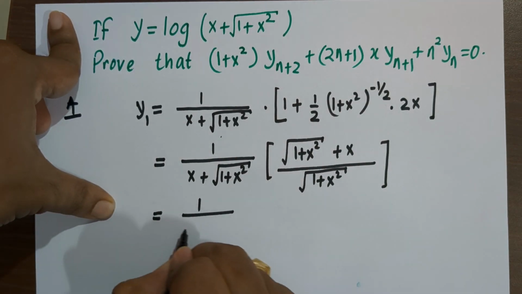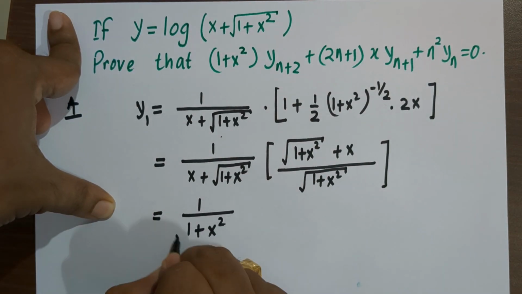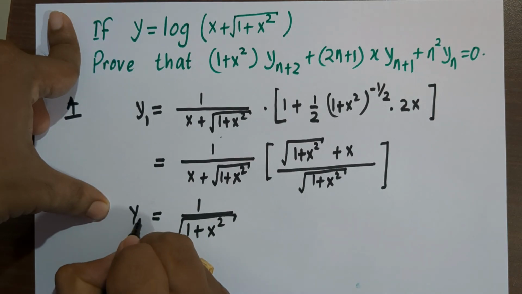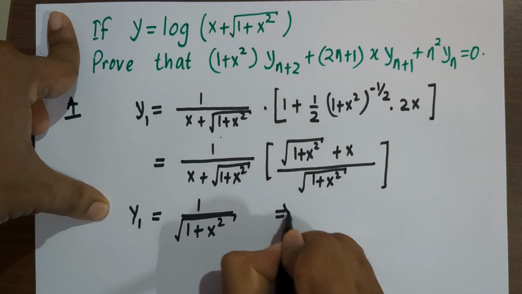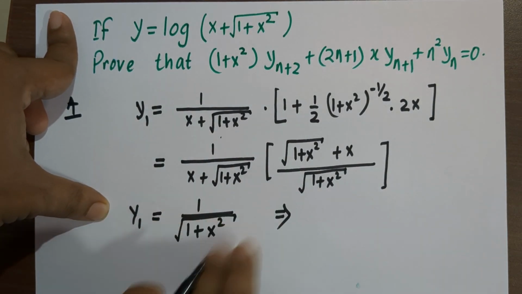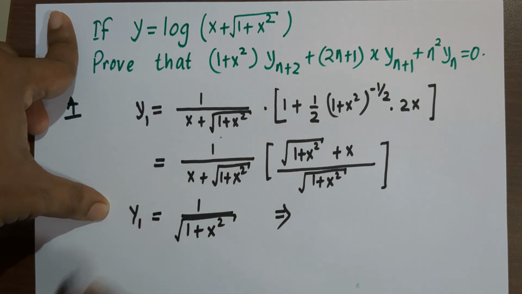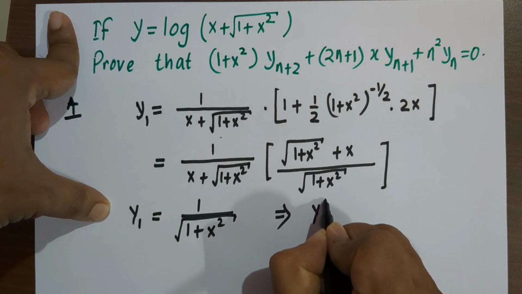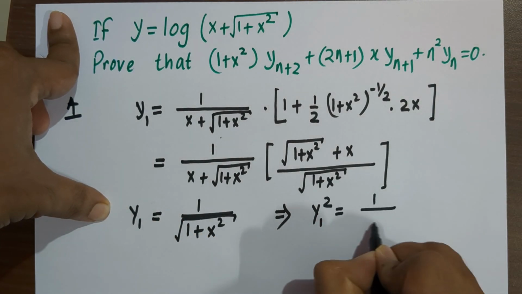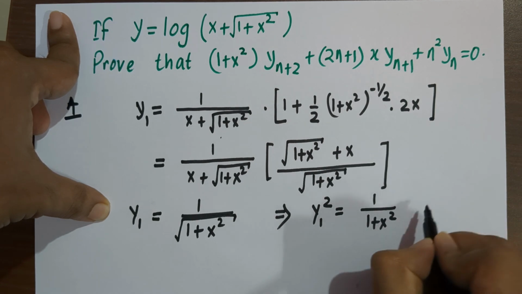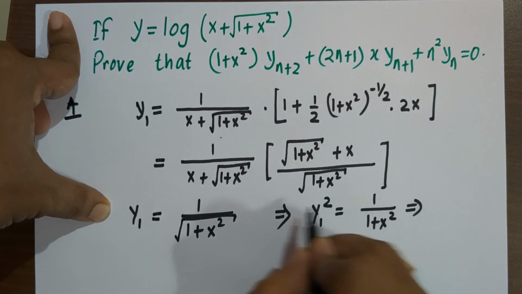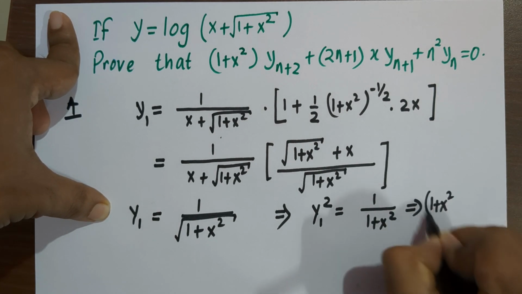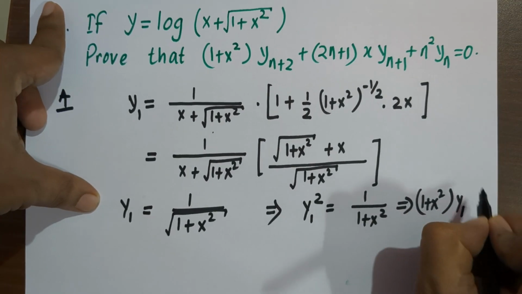So we have 1 over square root of 1 plus x squared. So this is our first order derivative. Now when there is a square root, it will be better if we square both sides. Now square both sides, so y1 squared equals 1 over 1 plus x squared. Now take 1 plus x squared to the left hand side, we have (1 plus x squared) y1 squared, which is 1.